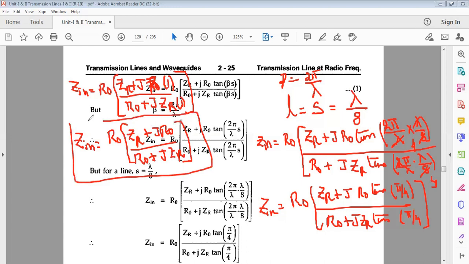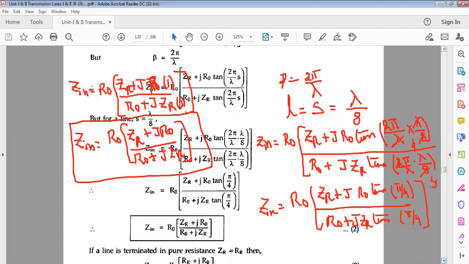Okay, we got the Zin in terms of the two functions. For the eighth wave line, the Zin is equal to R0 into ZR plus J into R0 by R0 plus J into ZR. And ZR also you can write as RR in terms of the resistance only.